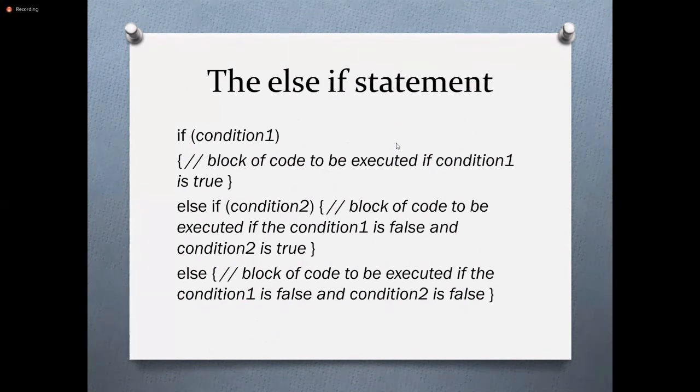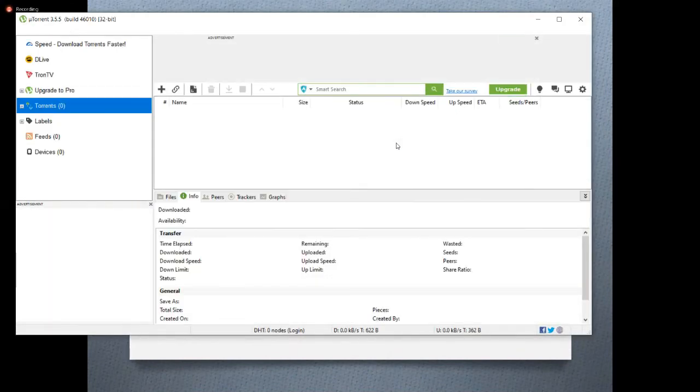Again the first commencing part is the if. There we have to give condition 1. Then this block of code will be executed if condition 1 is true. Otherwise, it will move on to the else if part and the second condition is given there. If the second condition is satisfied, then it will execute the block of code to be executed if condition 1 is false and condition 2 is true.